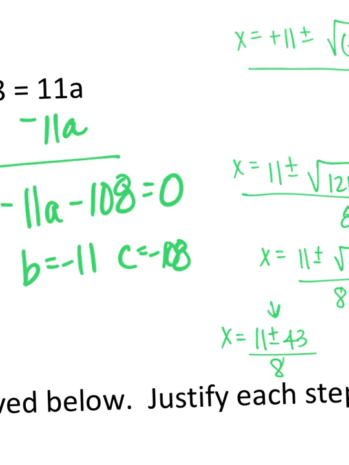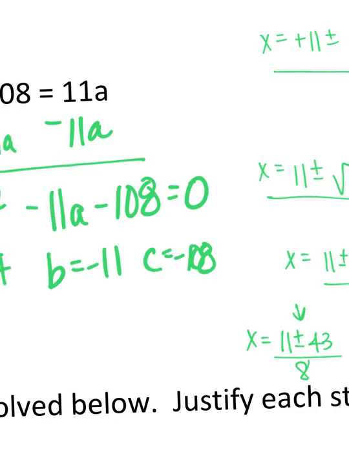So now we're going to do 11 plus 43 divided by 8, which is 6.75. That is exact, or you can do 6 3/4. Either one is exact, okay? Doesn't matter if it's a fraction or decimal. Or x could be, now we're going to do 11 minus 43 divided by 8, we get negative 4.